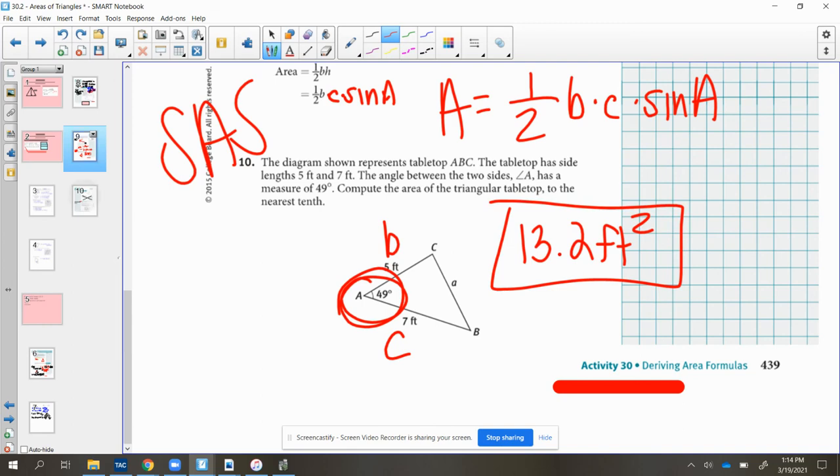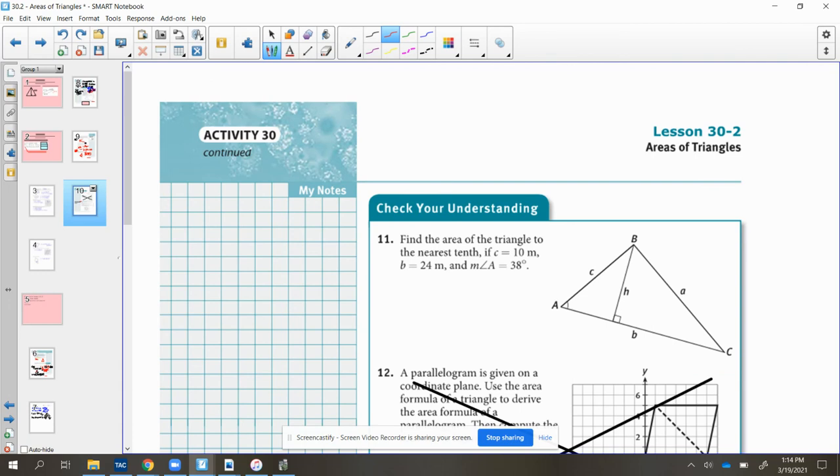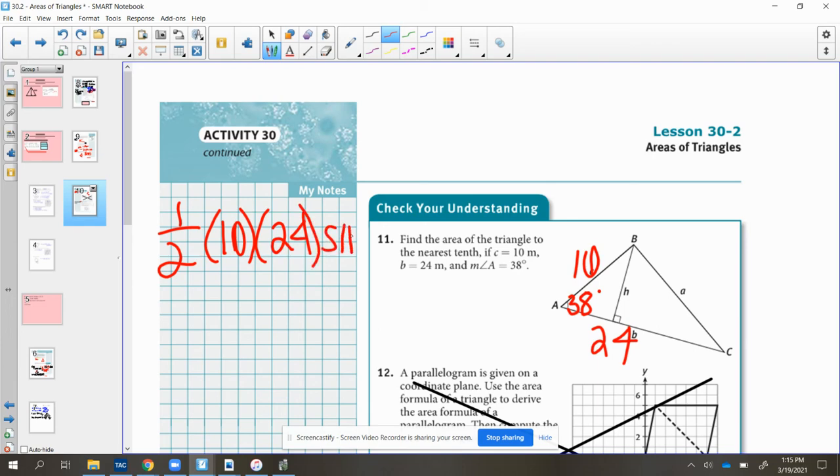Okay. One more example like that. Again, they're telling you on this one that this is 10, that B is 24, and the angle in the middle is 38 degrees. So 1/2 side times side times the sine of the angle in the middle will give you your final answer.